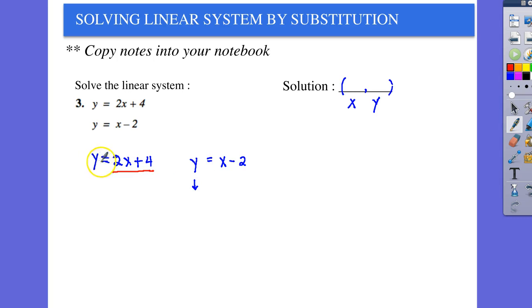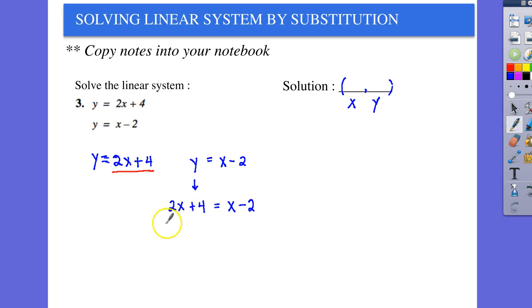Since I know that y is equal to 2x plus 4, I can plug in this value down here. Instead of writing y, I can write that whole thing because y is also equal to that. So I'm going to write 2x plus 4 is equal to, and then this one I'm just going to bring it down, x minus 2.